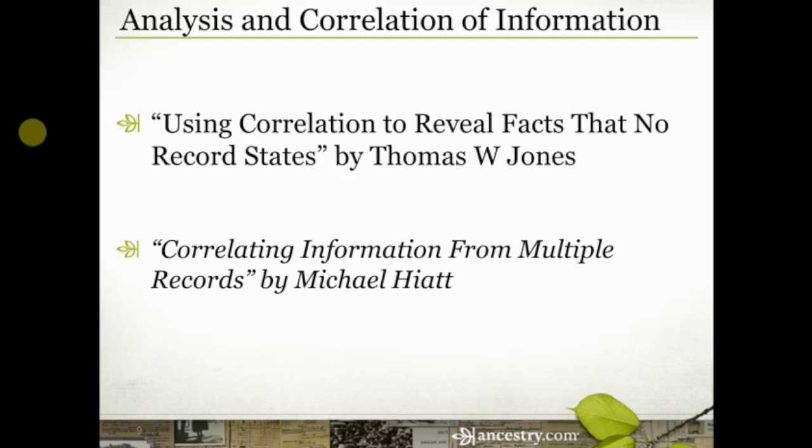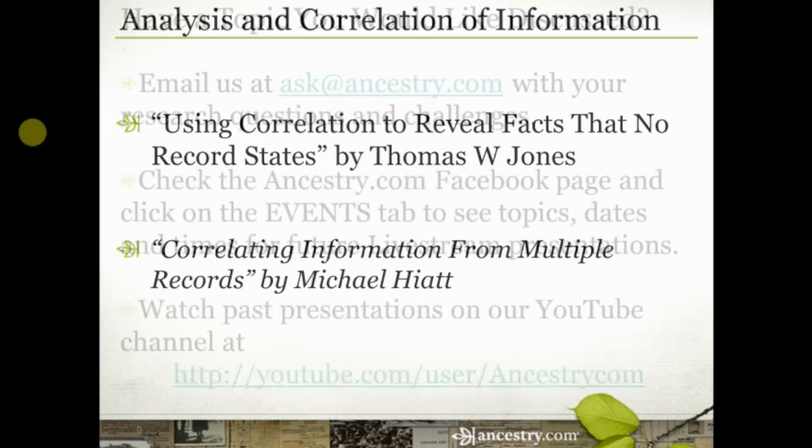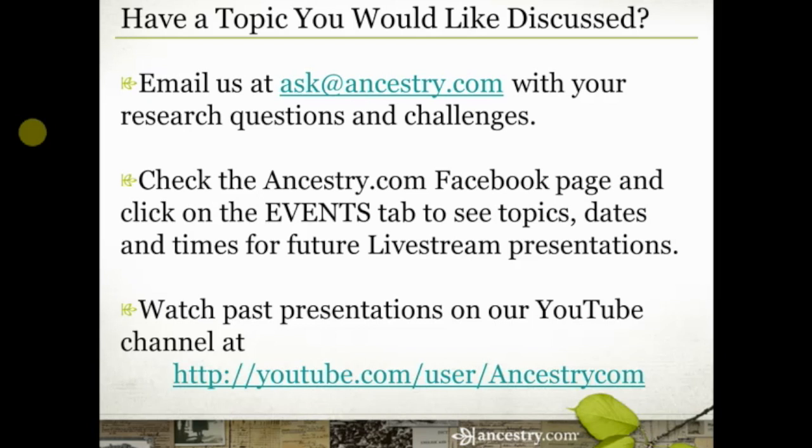It's not very long, but he gives an example of correlating information across several censuses for a family, and it's a really fascinating case study because the family has very different names in each of the census records, but because he correlates the information in the way he does, he's able to determine that it is in fact the same family, despite the fact that their names change drastically. So those are the two sources of additional information I would encourage you to go check out if you want to know more about this topic.